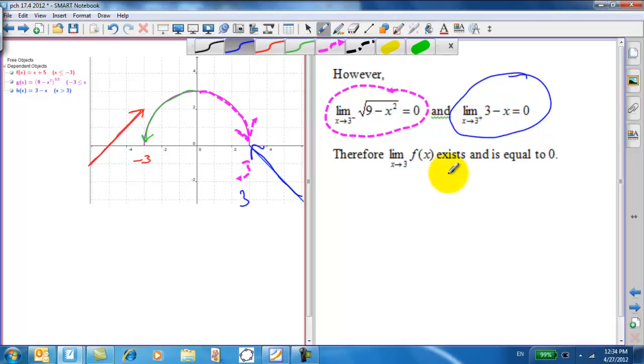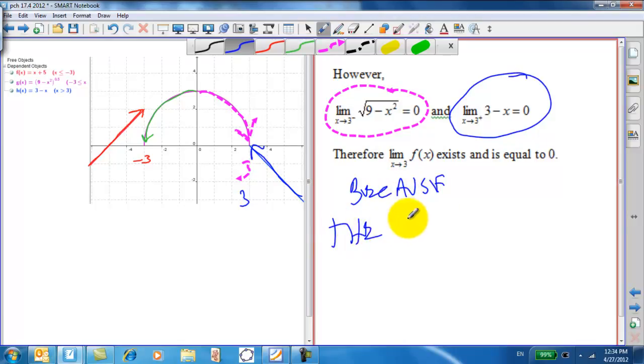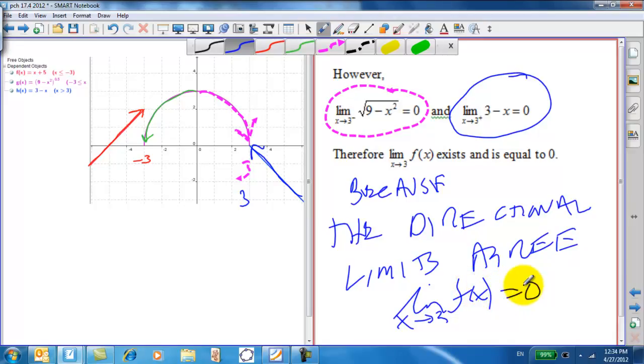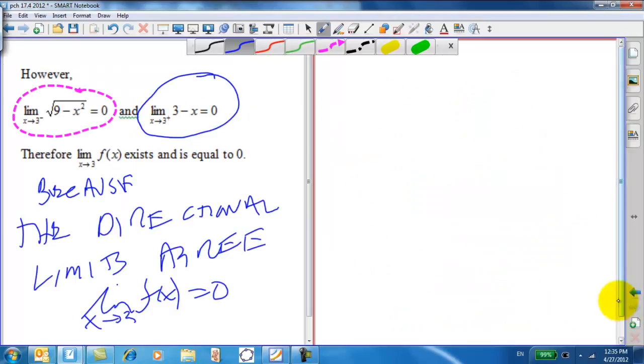That approaches 0 as well. The limit as x goes to 3 exists and is equal to 0 because the directional limits agree. So the limit as x goes to 3, in this case, of f of x equals 0. That's it. Flange out.